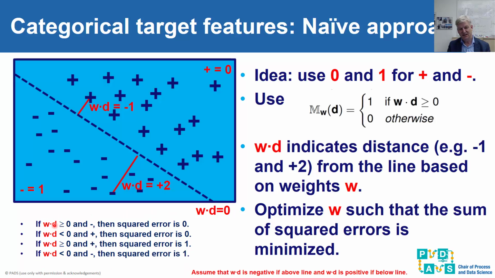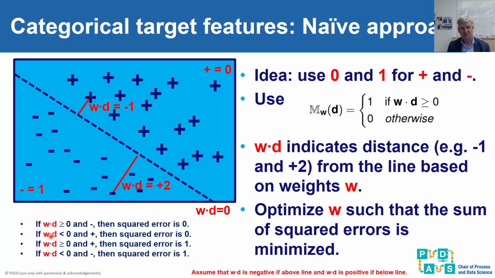So if W times D is bigger than 0, then this applies. We predict a 1. And if the class is minus, and minus we also encode as 1, we take the difference between 1 and 1, we square that, and the squared error is equal to 0.